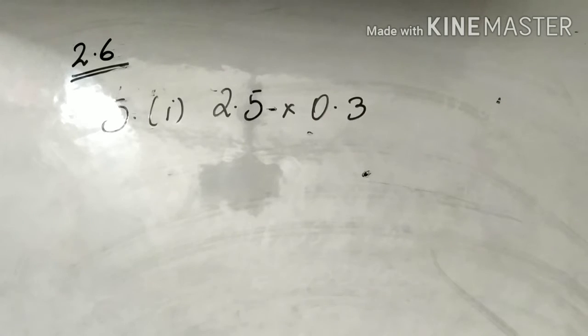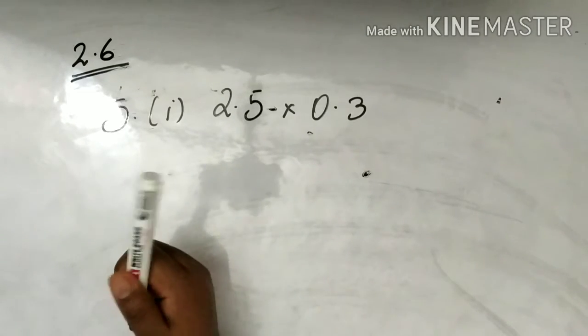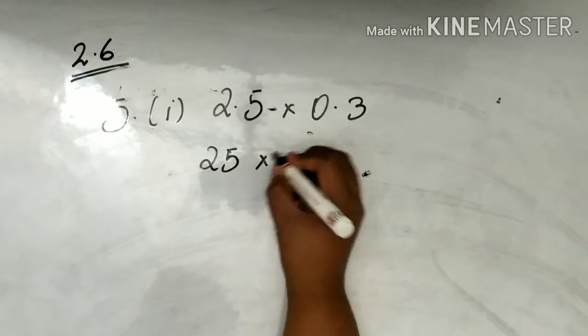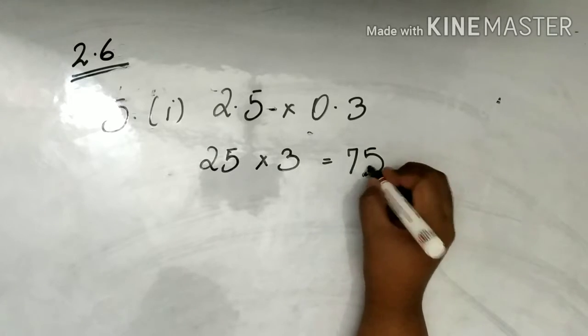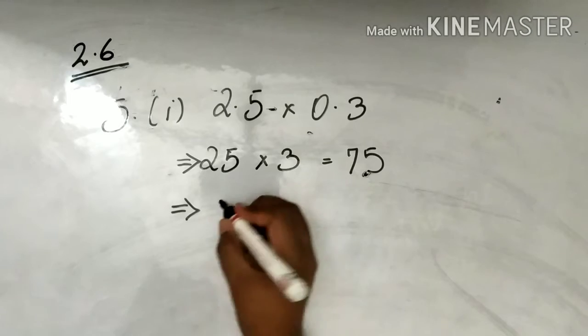Now let's see the next question, that is the fifth question. Here we have questions where we have multiplication of two decimal numbers, right? So let's see the first one. It is 2.5 and 0.3. So what will be the first step? We'll directly multiply the numbers removing the decimal. So that will be equal to 75, right? Now let's see this.